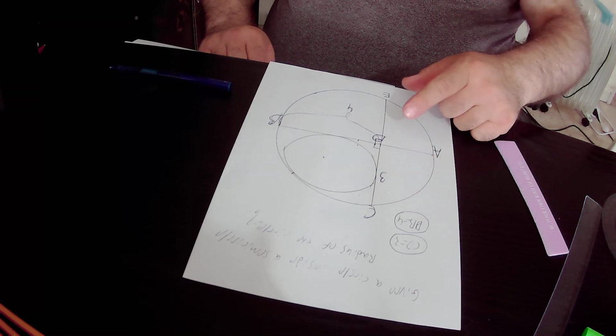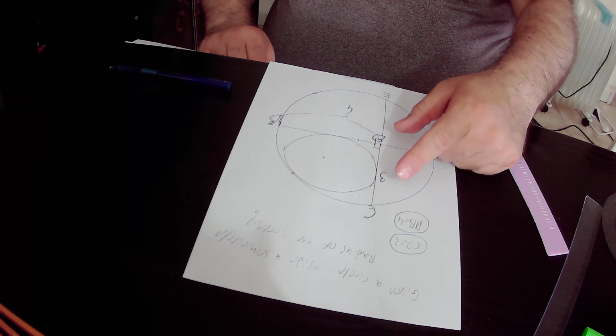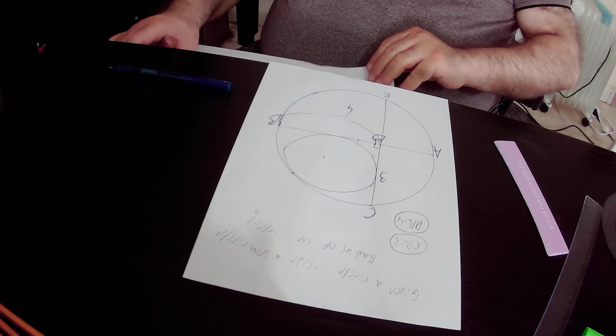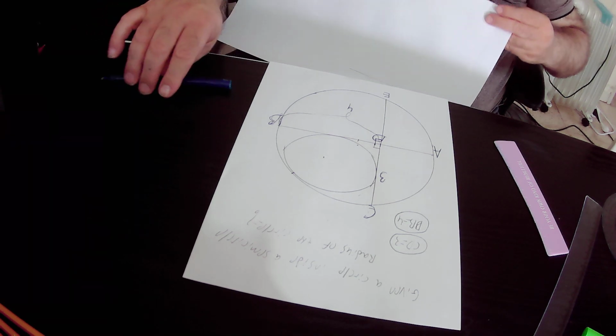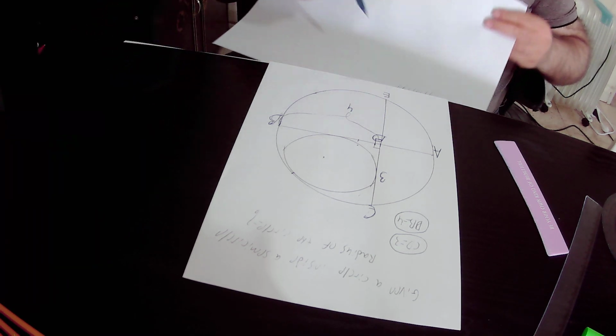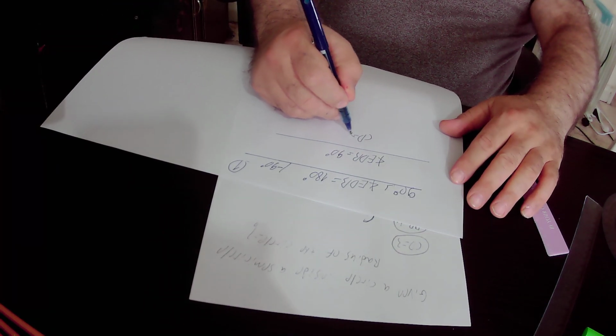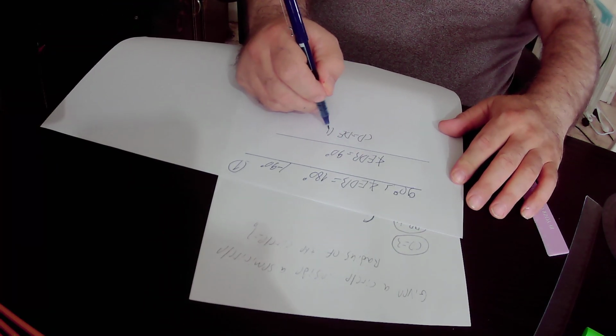And because DE is the mirror image of CD, it means that those two line segments are equal to each other in length. That is to say, CD equals DE by symmetry.